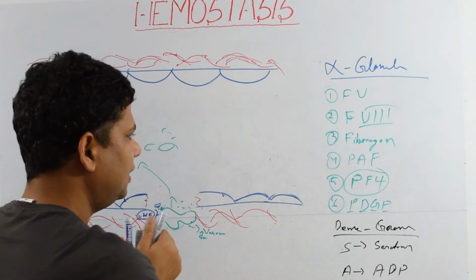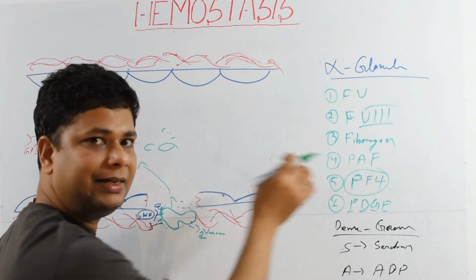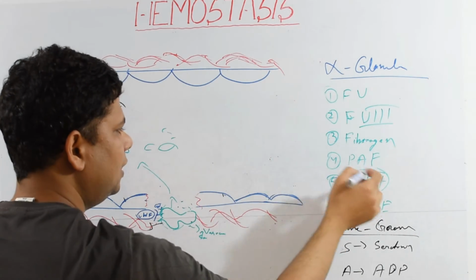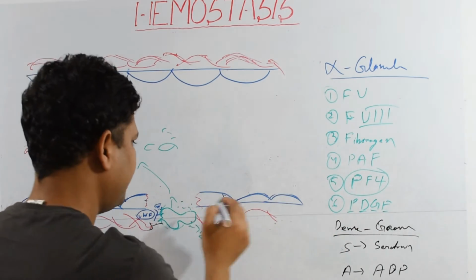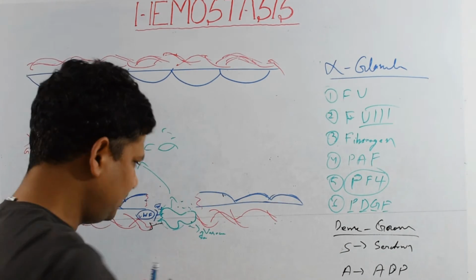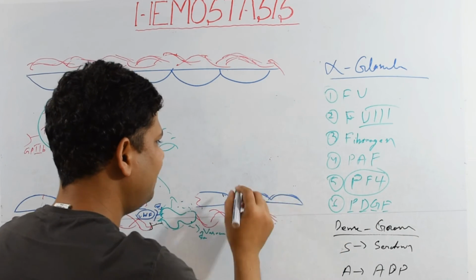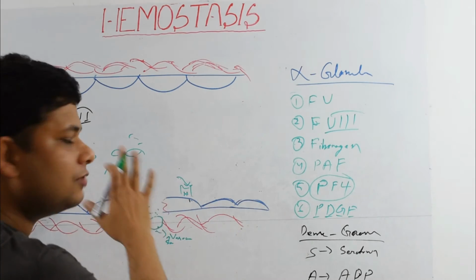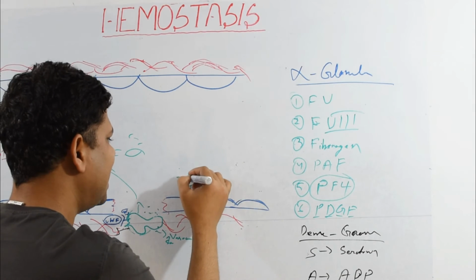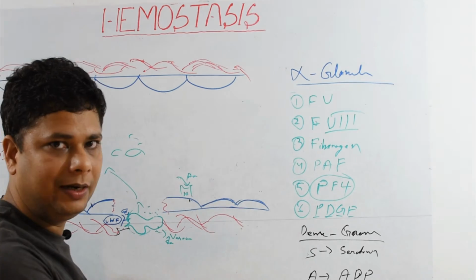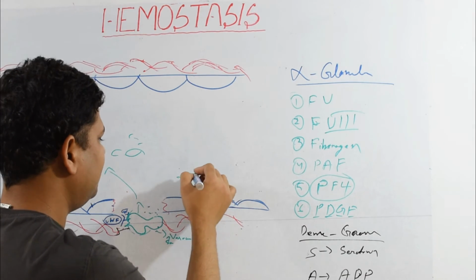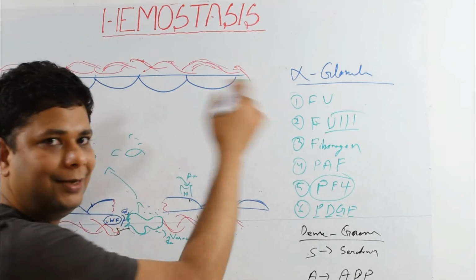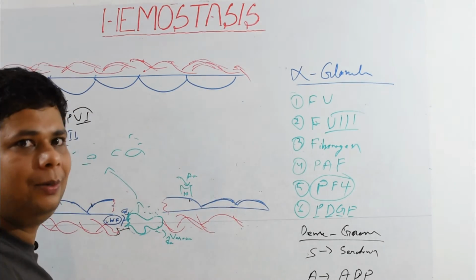Apart from this, they also secrete platelet activating factor, which also helps in activation of other platelets. Platelet factor 4, PF4: what does it do? This will bind to heparin so that antithrombin cannot bind to heparin. Because antithrombin cannot bind to heparin, it will not inhibit thrombin, and thrombin will be activated.